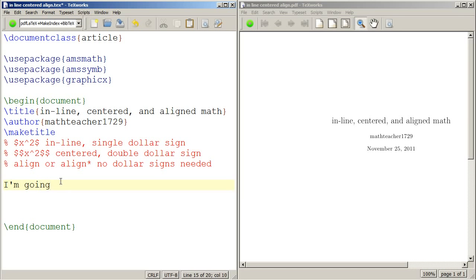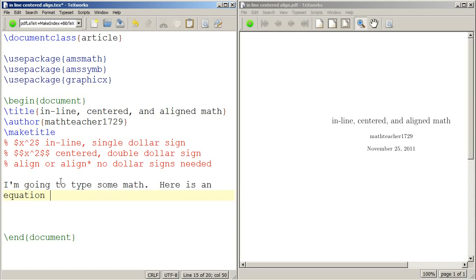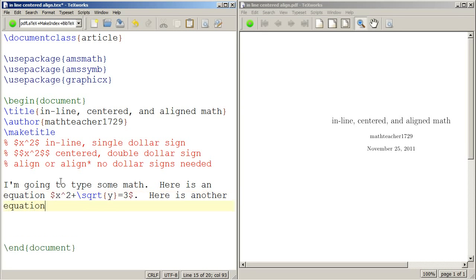So I'm going to type some math. Here is an equation. So x squared plus, let's do square root y equals 3. Okay, that's just some equation that I'm typing. Here is another equation. It is very important.